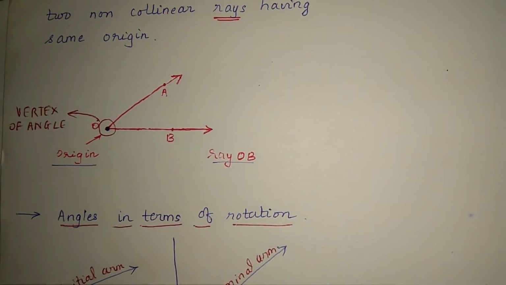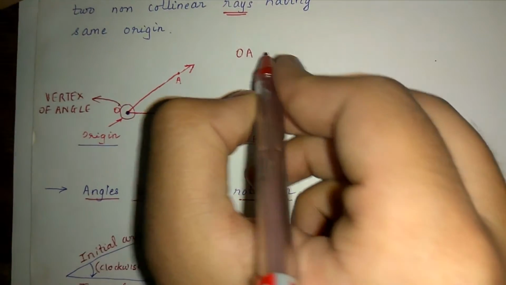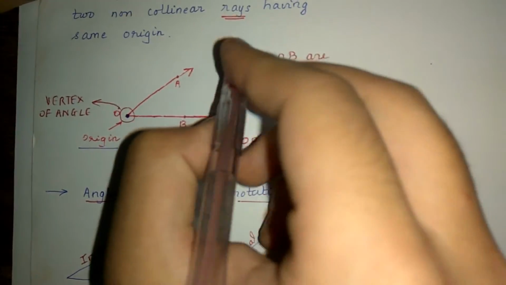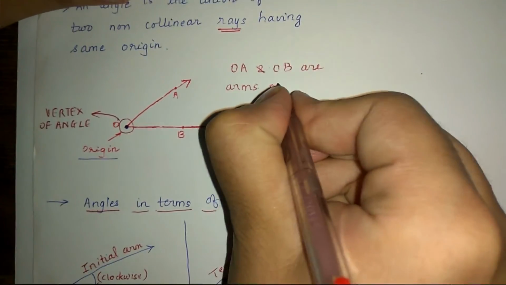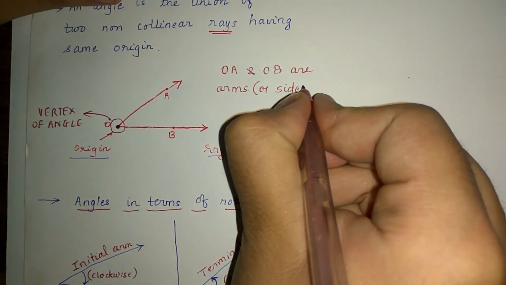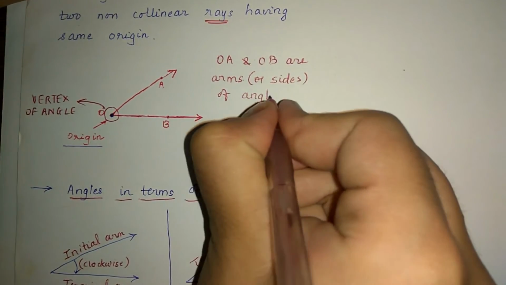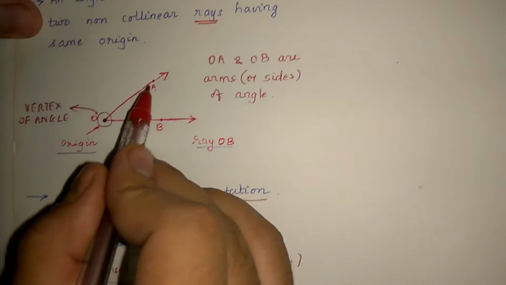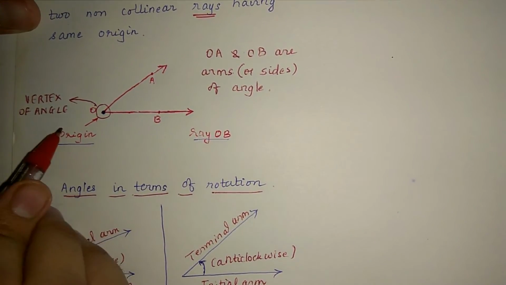And OA and OB are arms, or we can also say side of angle. Okay, OA and OB are the arms or the sides, and O is the vertex.